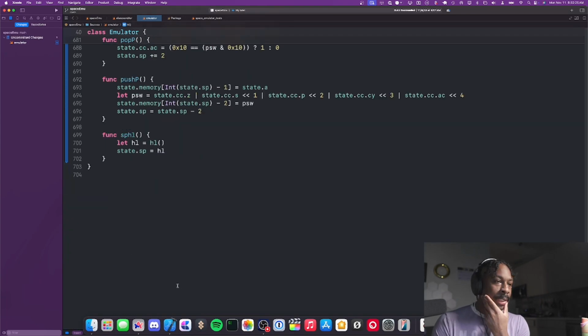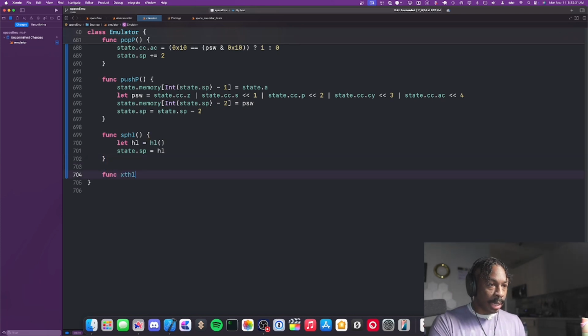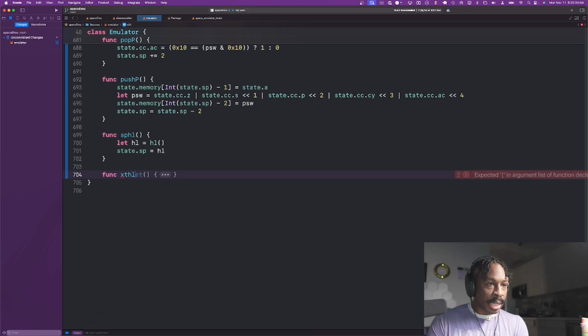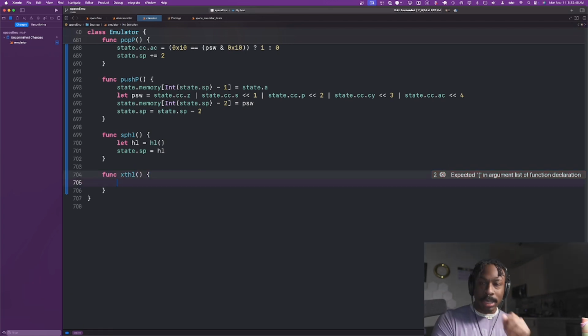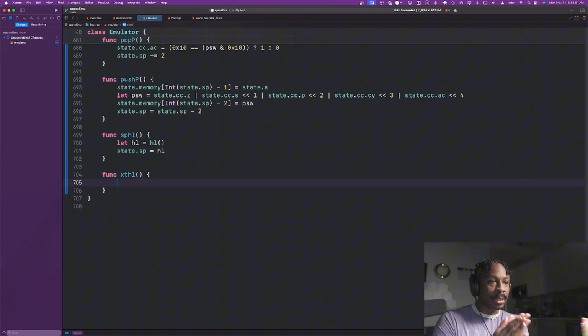All right, anyway, and then there's one more: XTHL. It exchanges whatever's on the top of the stack with whatever is in the HL pair. The instructions ask, why would you want to do that? I don't know, but we're still going to implement it. I'm sure there is a reason.